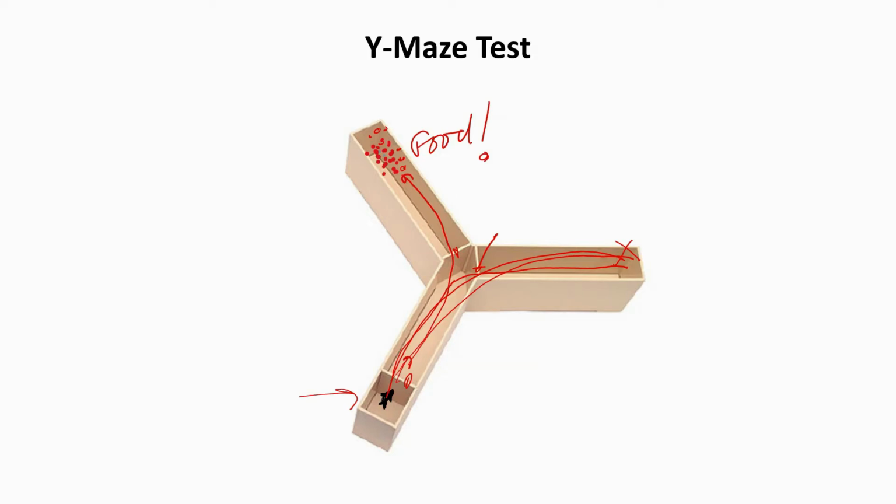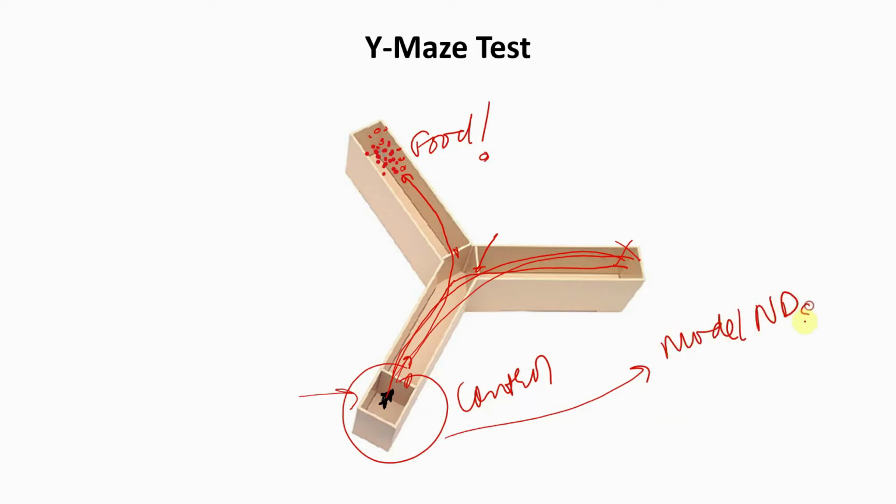So for days, weeks, and months you are going to train your subject. So later on, this subject right now is a control, but then you are going to give your subject certain treatments and it will become the model for any neurodegenerative disorder.